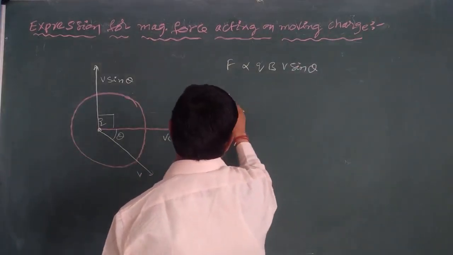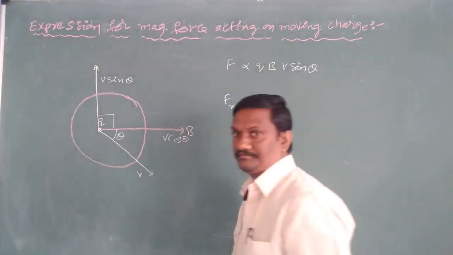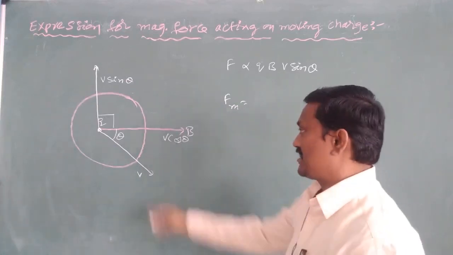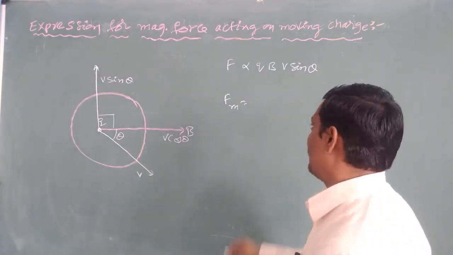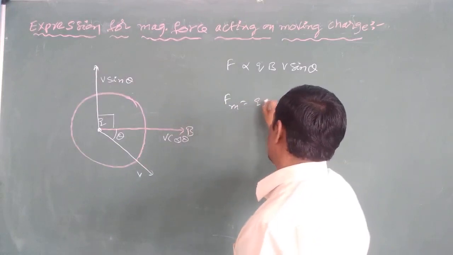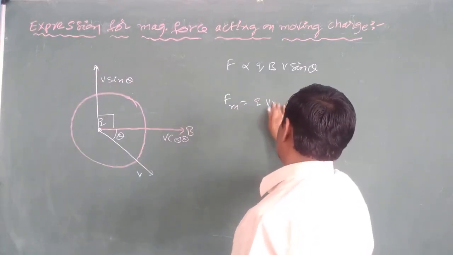Totally, the expression for the magnetic force acting on a moving charge inside the magnetic field is Fm equals q v B sin theta.